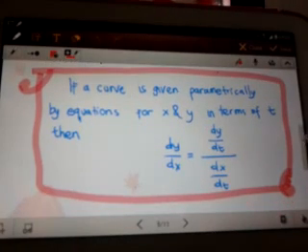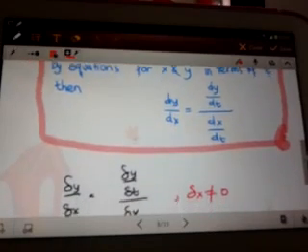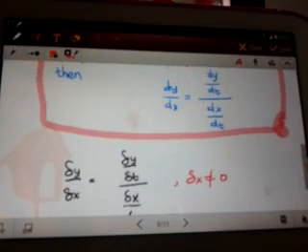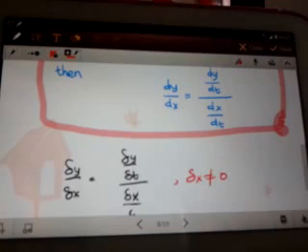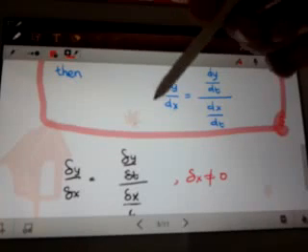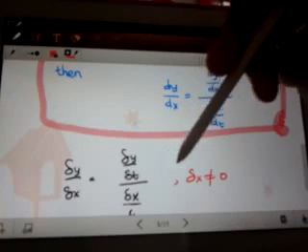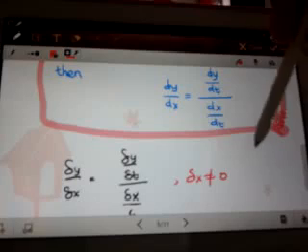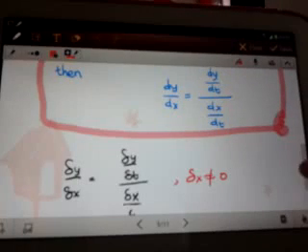This is the proof of the definition. To establish this definition, suppose that the value of t is increased by delta t, then x increases by delta x, and of course y by delta y.